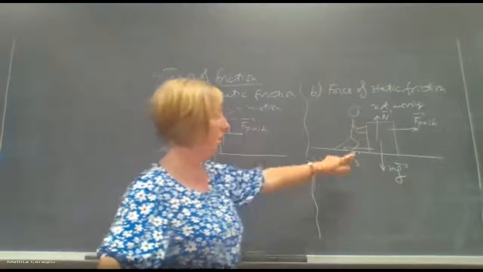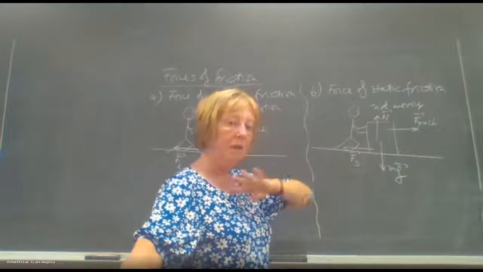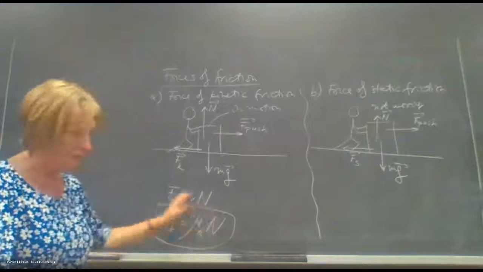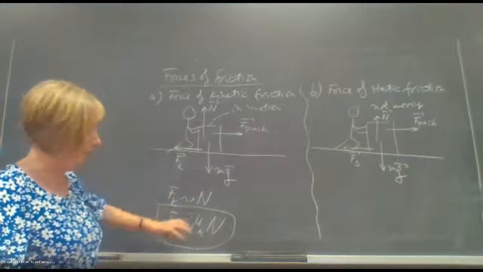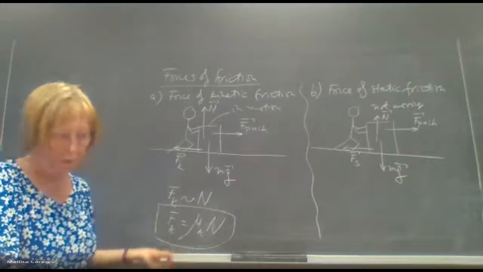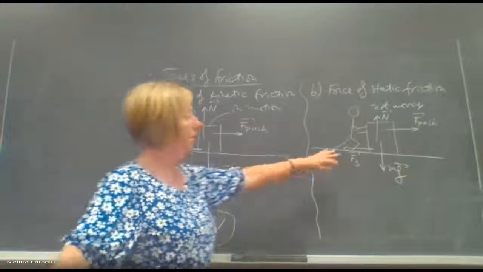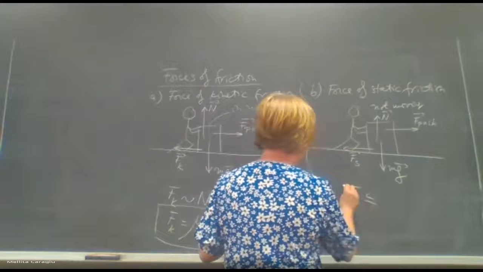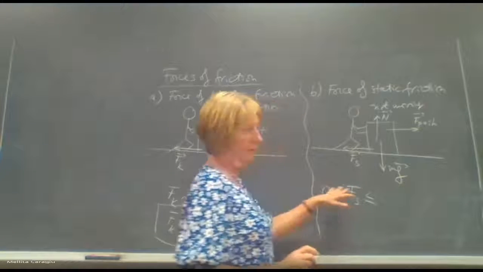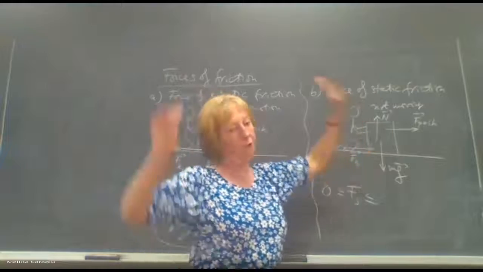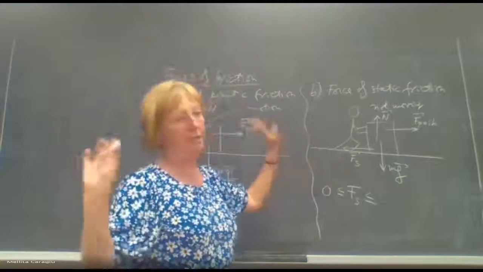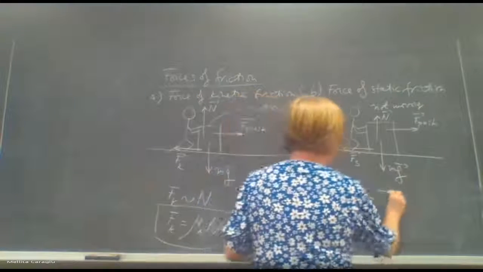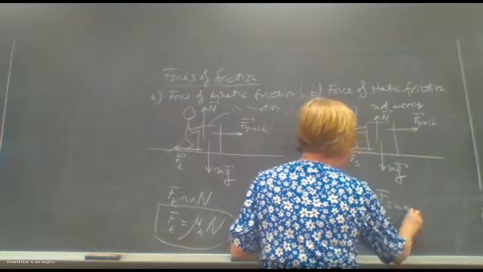The conclusion is that the force of static friction is variable, unlike the force of kinetic friction, which always has the same value, mu kinetic times N. The force of static friction is variable and varies between 0, when I'm not pushing at all, and a maximum value.